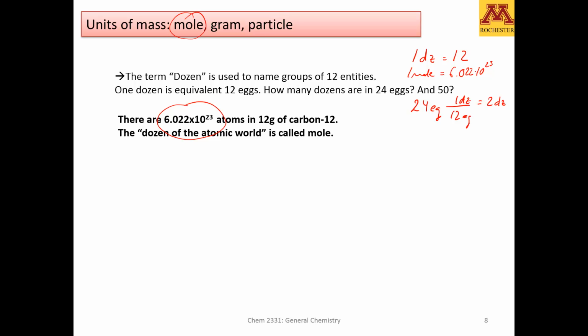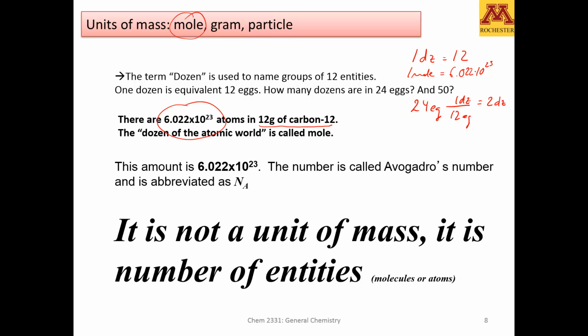By definition, this number is the number of atoms that exist in 12 grams of carbon-12, the isotope 12 of carbon. And this number is called the Avogadro's number, named after Amedeo Avogadro, the Italian scientist. And so again, I want to emphasize that a mole is not a unit of mass.